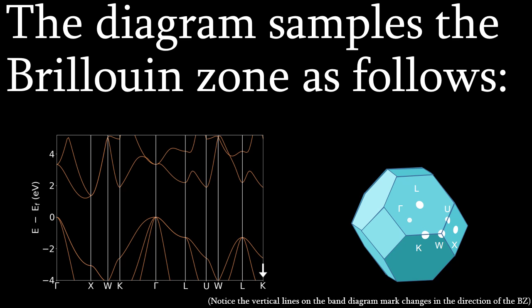Notice the vertical lines on the band diagram mark changes in the direction of the Brillouin zone.